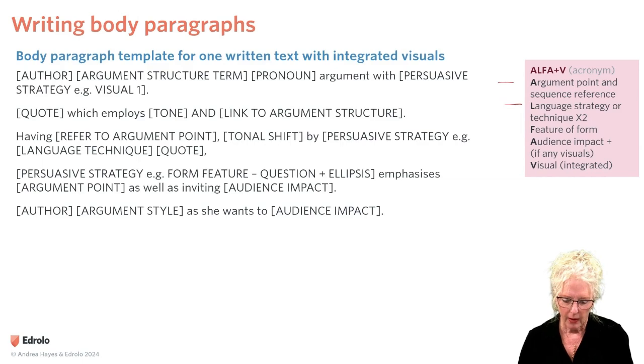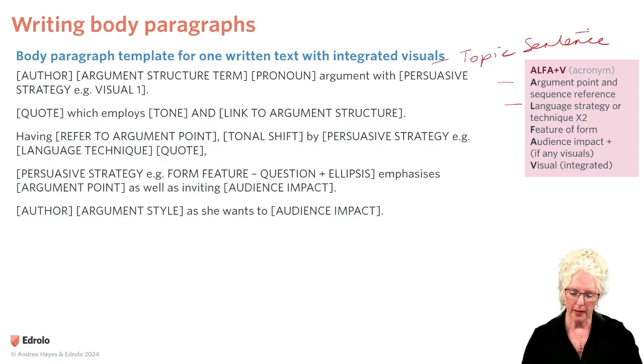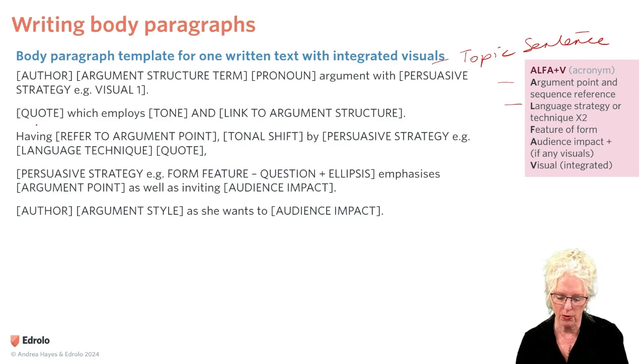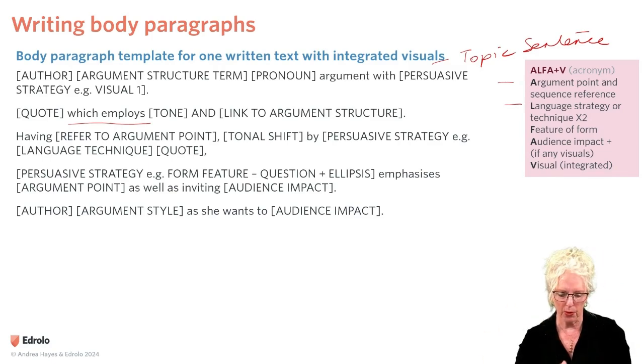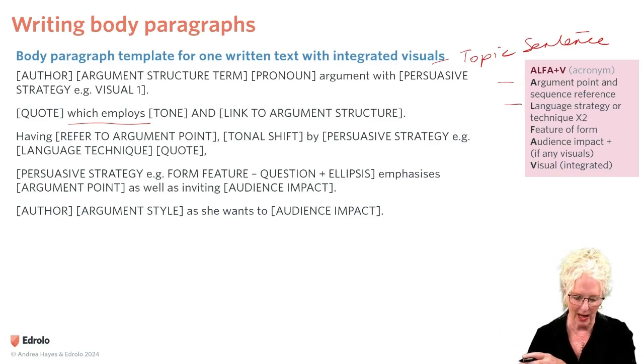Here we have author, argument, structure, terms. So looking at our topic sentence really. And then really what you're doing, you can vary your introduction. So you might want to put a quote that demonstrates the tone and then refer to tone rather than putting the actual tone word at the start, and then link to argument structure.